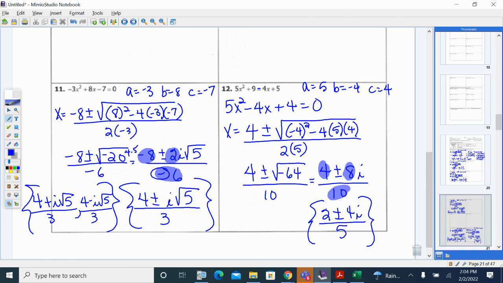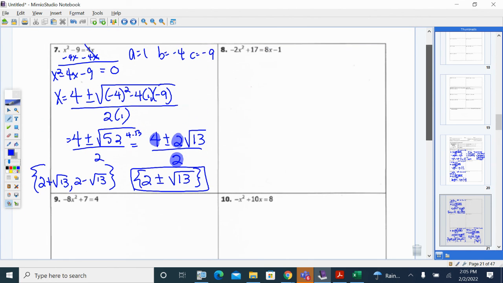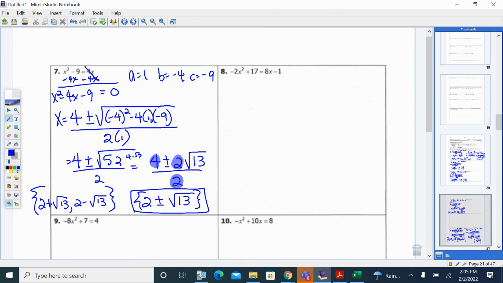So to wrap this up in a nice pretty bow, when you're solving quadratics using the quadratic formula, it always works. No matter what, it will always work. Sometimes your answers have an i, like number 12. Sometimes your answers have an i and a radical, like number 11. So those are complex solutions created by that negative underneath the radical. Sometimes we have irrational solutions, like on number 7.